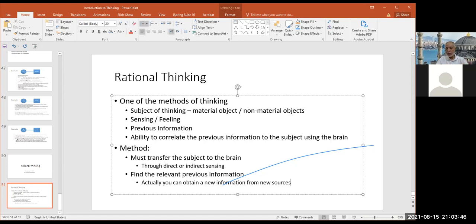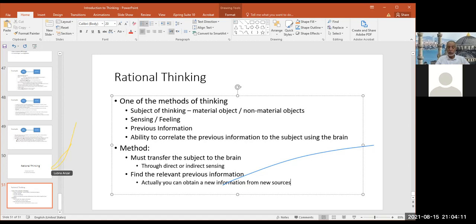So the word previous does not necessarily mean information I got yesterday, two days ago or a year ago, but any information I will use to correlate to the subject of thinking.